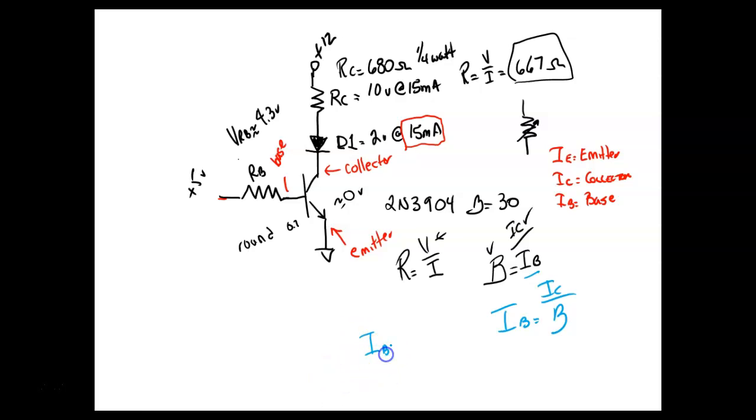So for IB, what we're going to do is take our collector current. So IB is going to be approximately 15 milliamps divided by 30.